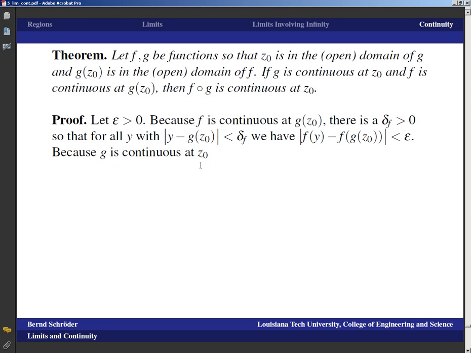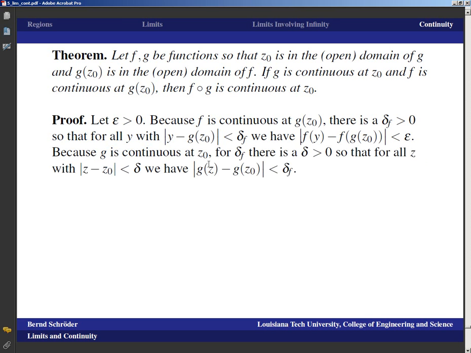Because g now is continuous at z0, for delta f, not for epsilon, for delta f, for the one in the middle, there is now a delta, and that'll really be the delta that we will use for continuity of f composed with g, so that for all z with z minus z0 smaller than delta, we have g of z minus g of z0 smaller than delta f. That's again straight from the definition of continuity for g. It's just that we use delta f instead of epsilon here, which is something we can do.